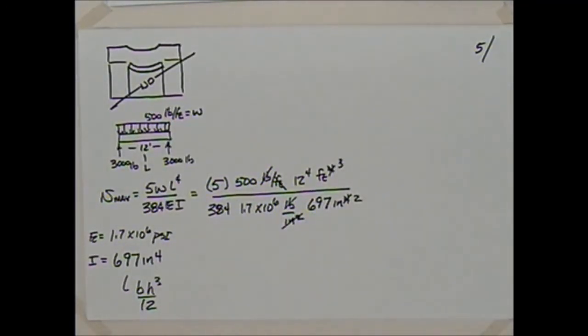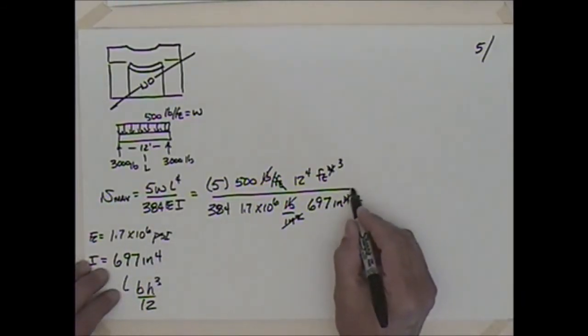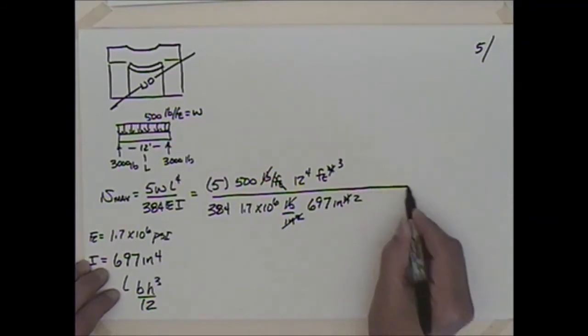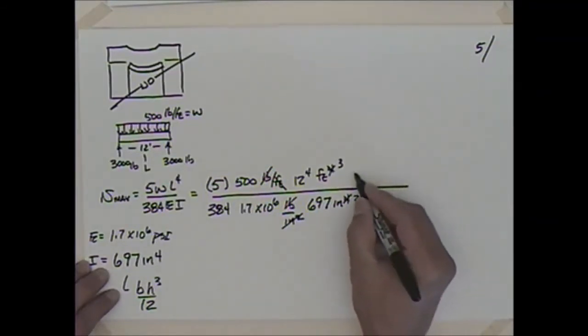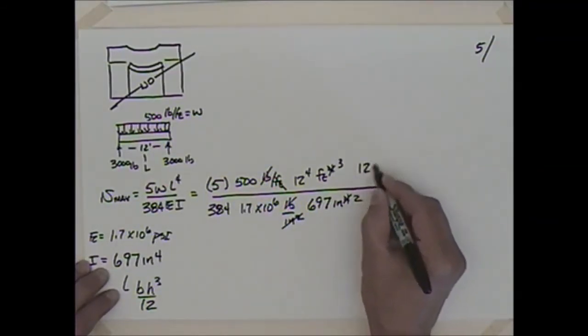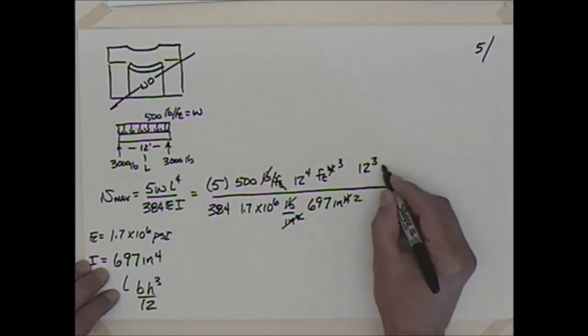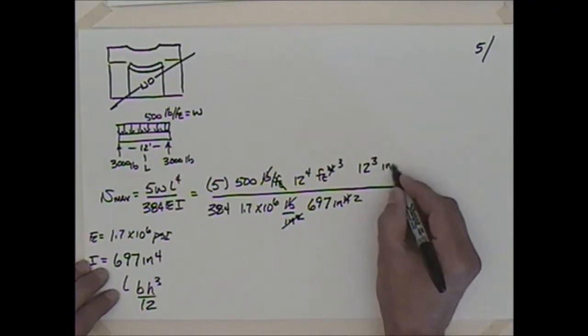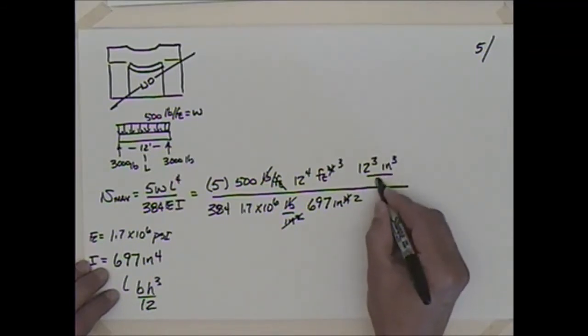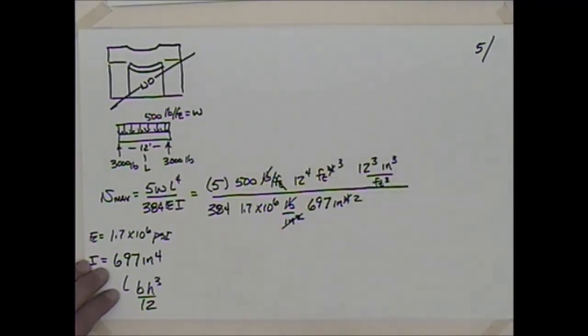So I've got feet cubed over inches squared. And mind you, these are fairly common units. We've got the length in feet, E and I are all in common units, W's in common units. So this is a real nightmare waiting for you in terms of a units mistake. Because we're going to have to multiply by 12 cubed inches cubed over a foot cubed, right?